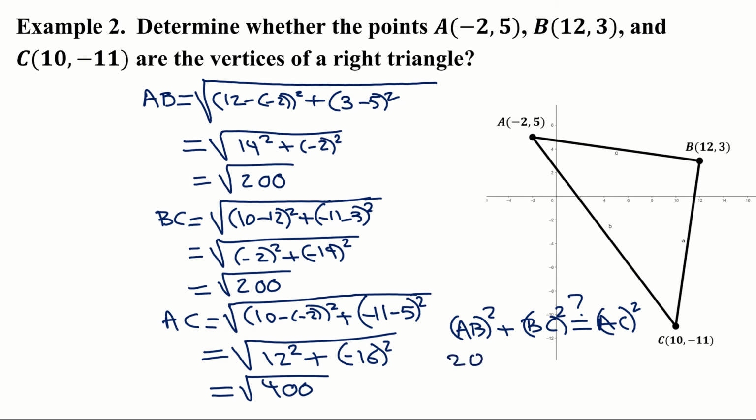You get 200. And the same goes for the square of BC. And the square of AC is 400. So if this equation is true, we're in good shape. Indeed, we have 400 equals 400. Therefore, the Pythagorean equation holds, and therefore the answer is yes, they do. They do, in fact, form the vertices of a right triangle.